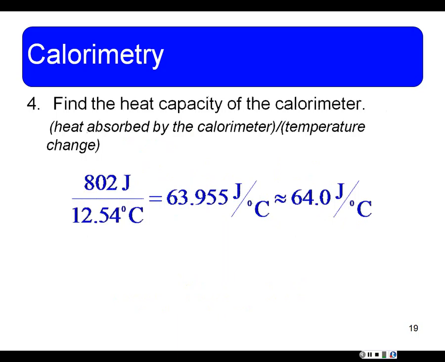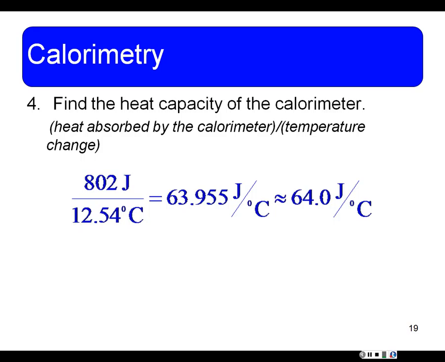We take that 802 that we just got in step 3 and divide by the change of T. That leaves us with the correct units. Here we just rounded to 3 significant digits. So this is how you would find the heat capacity of a calorimeter. Any questions on this?